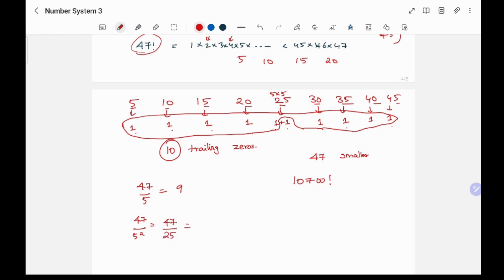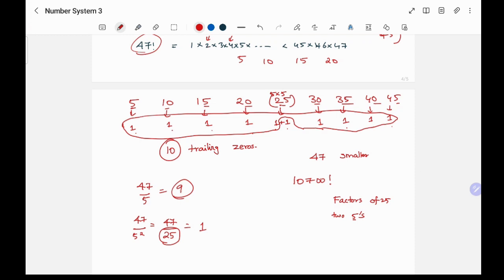This is to get the factors of 25, because multiples of 25 will have two 5s. One of the 5s is already counted, so to count another 5, I'm just dividing by 25, 5 squared. 47 by 25 gives me 1.